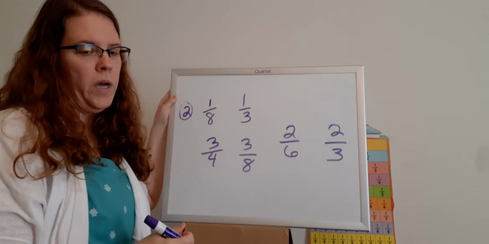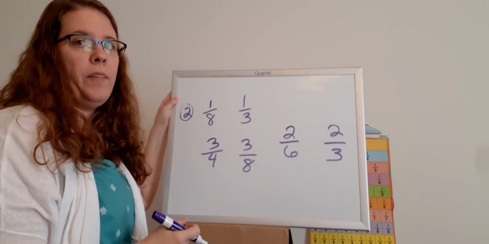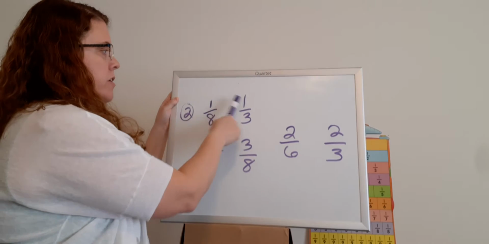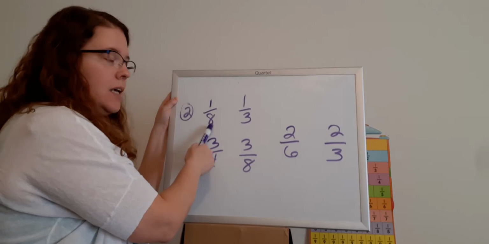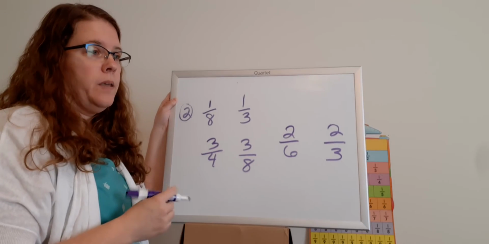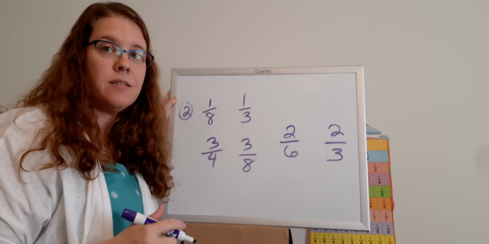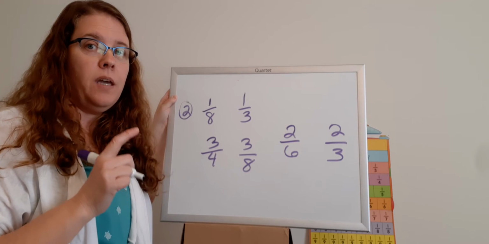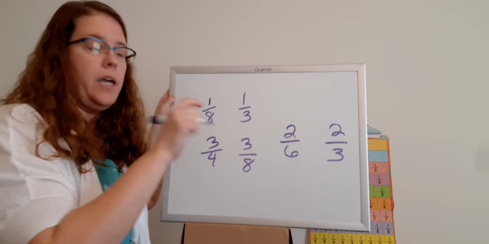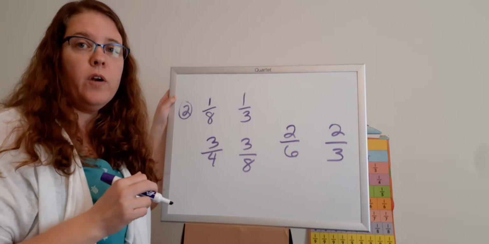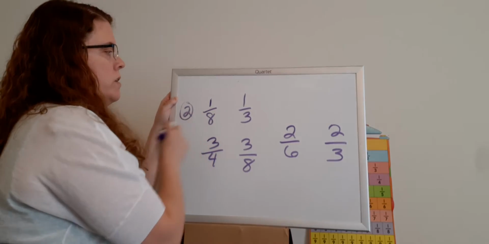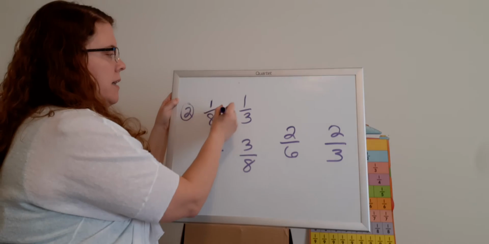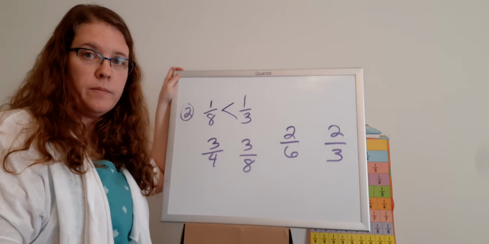Okay, so number 2. 1/8 is what to 1/3? All right, well, think. My numerators are the same, so I got to look at my denominators, eighths and thirds. If I split something into eighths, are my pieces going to be big or small? They're going to be smaller, right? If I divide something into thirds, they're going to be a pretty good chunk, right? So which one's less than? 1/8 is less than 1/3.